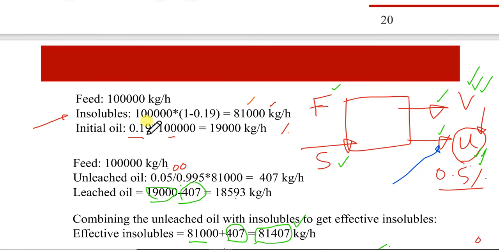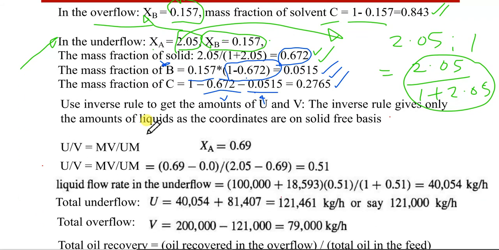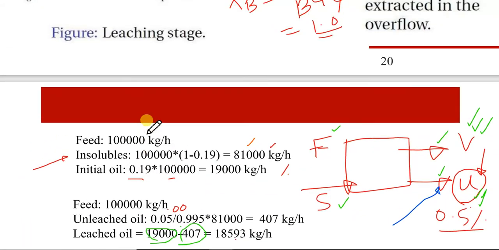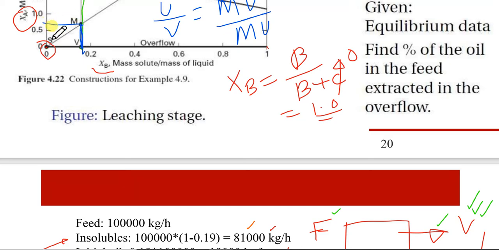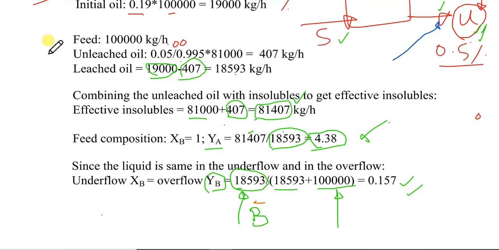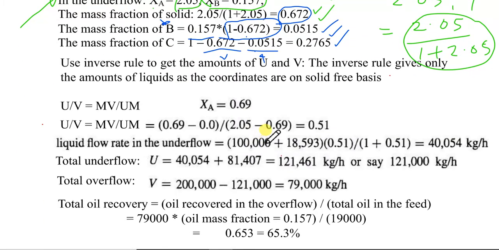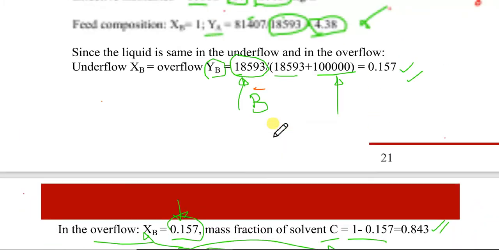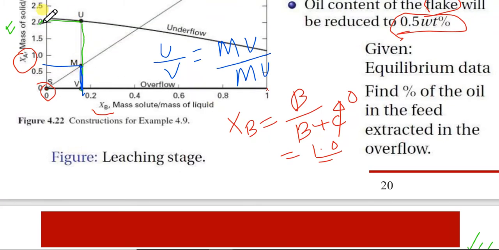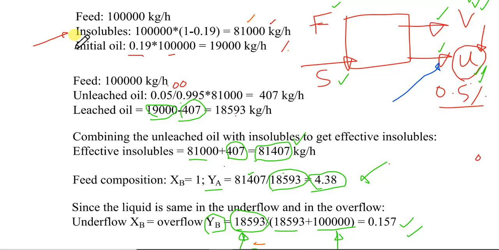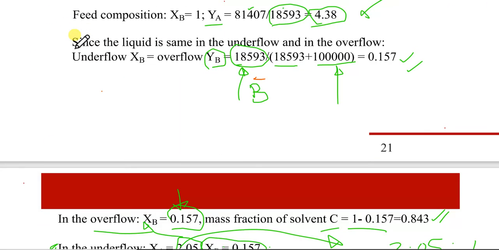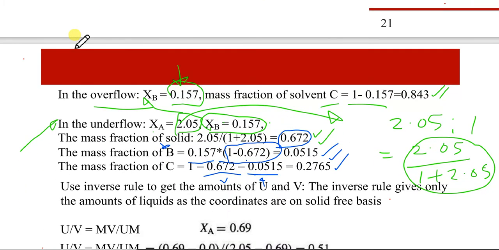So 0.69 minus 0, divided by 2.05 minus 0.69. So now we get the ratio of the mass flow rate of underflow and overflow.